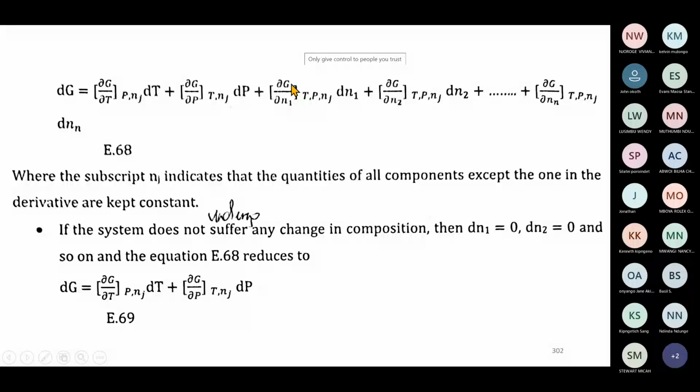Then you differentiate with respect to the quantity of the first component, keeping all the other components, temperature and pressure constant. And then, of course, you also differentiate with respect to component 2, keeping the other variables constant, all the way to component n, keeping all the other components, and temperature and pressure, constant.